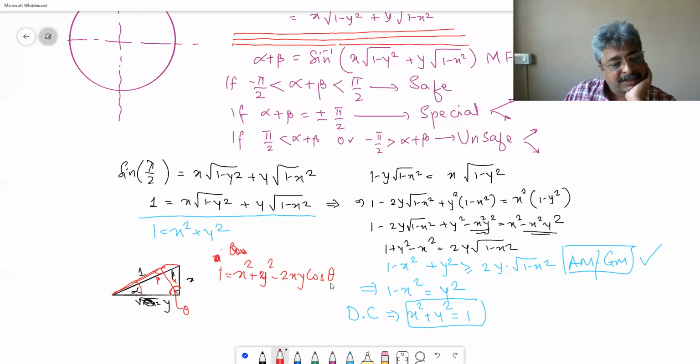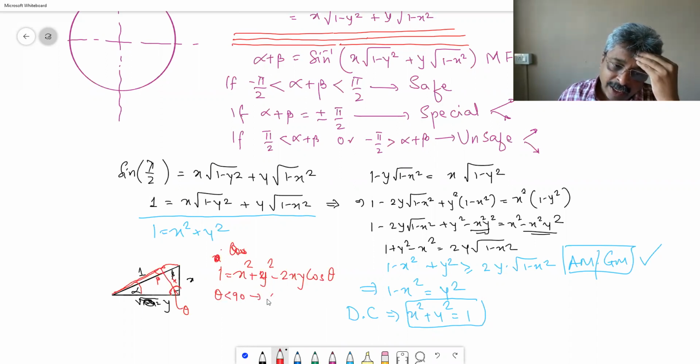If theta is less than 90, then you are subtracting something from x square plus y square. So if theta is less than 90, it implies alpha plus beta is greater than 90, and in that case x square plus y square is greater than 1.